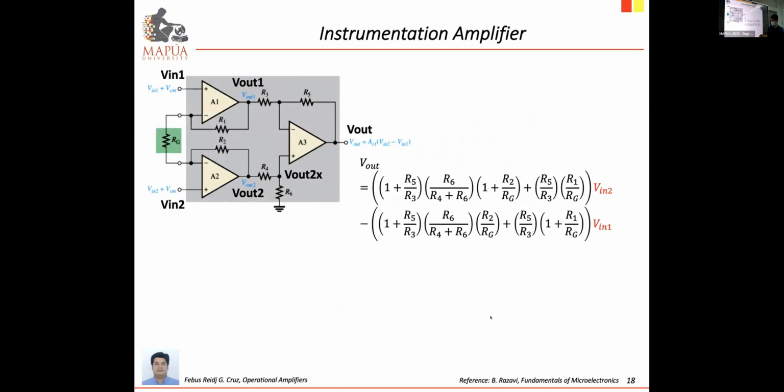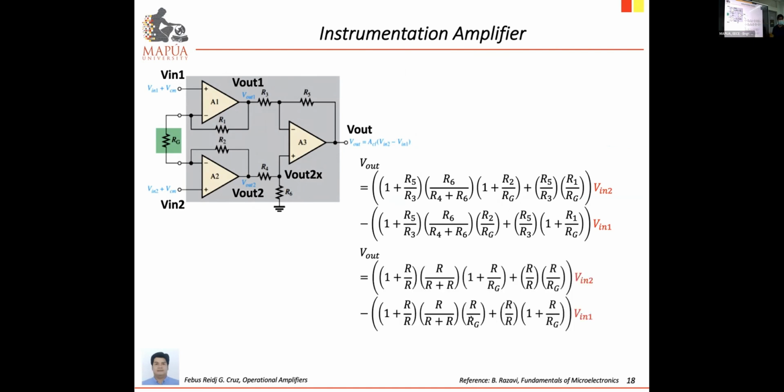So this is our equation, right? And what if all resistors are equal? R1 equal to R2 equal to R3, R4, R5, except for RG. Right? If all of the internal resistances R1 to R5 are equal to resistance R, you have this expression.